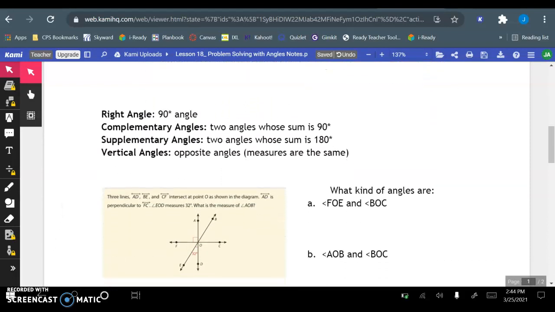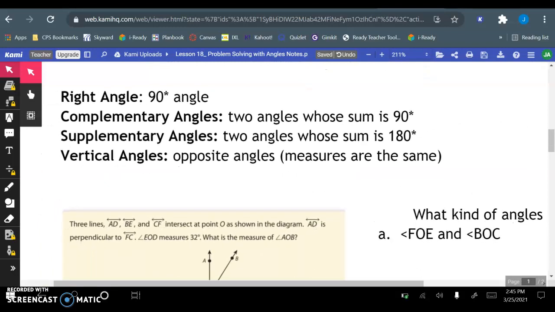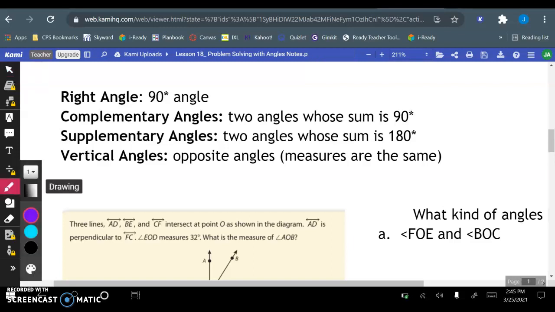I'm not going to rewrite all of that. All right, a couple of vocab words. You probably know what a right angle is. That's a 90-degree angle. It's shown on a picture by that little square in the corner. So if I have a right angle, they're always labeled like that. Complementary angles are two angles whose sum is 90 degrees. So if I add two angles together and I get 90 degrees, then they're complementary angles.